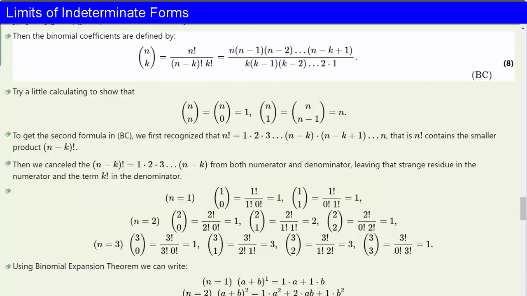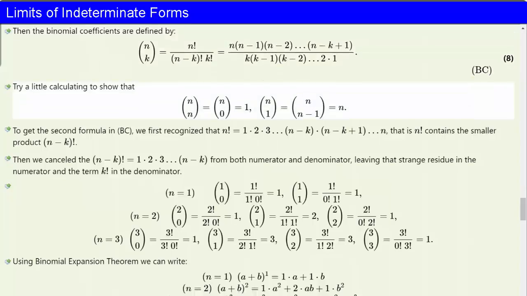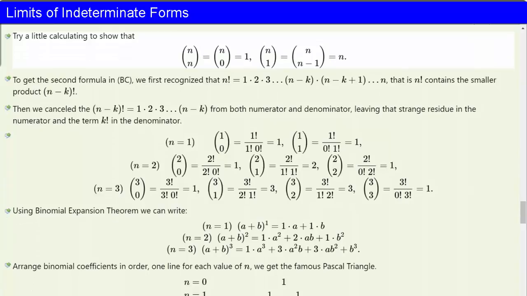And that simplifies to, in the numerator, the product of n with n minus 1 with n minus 2 down to n minus k plus 1, and in the denominator k factorial. Do a little calculating to show that binomial coefficients b of n,n and b of n,0 are both 1. Show that binomial coefficients b of n,1 and b of n,n minus 1 are both n.